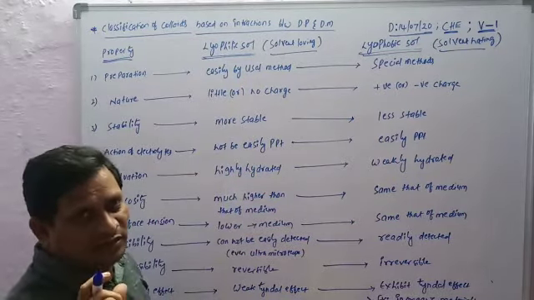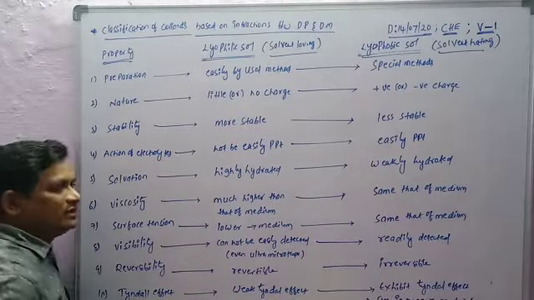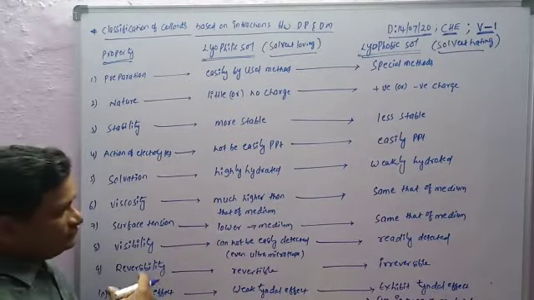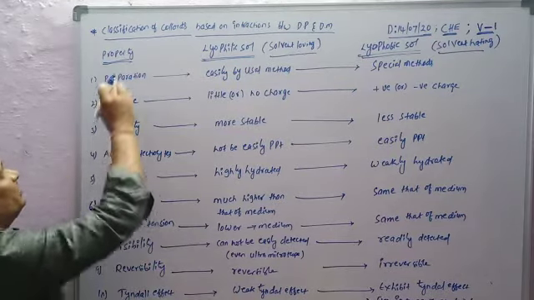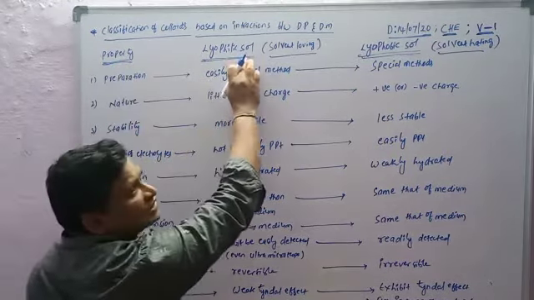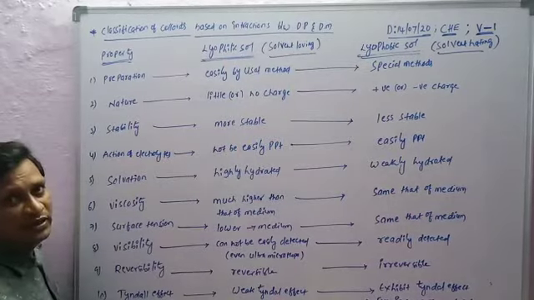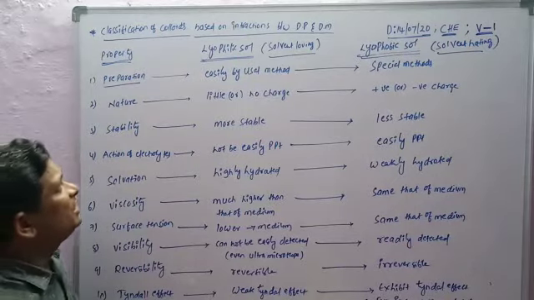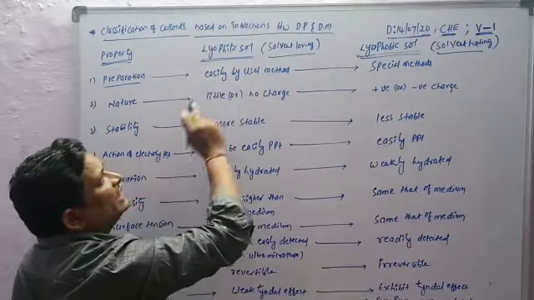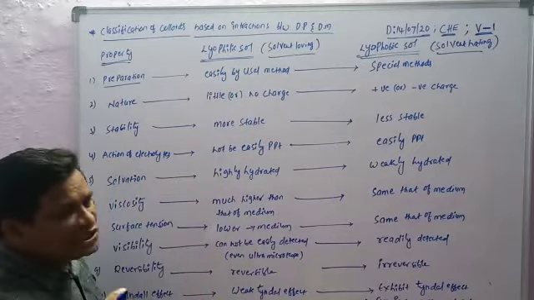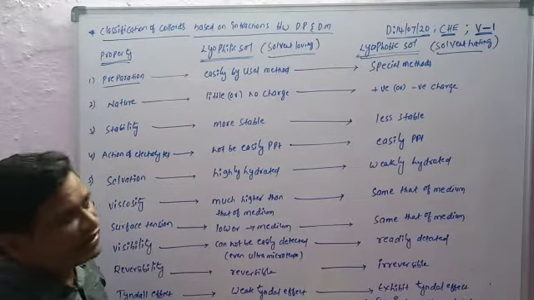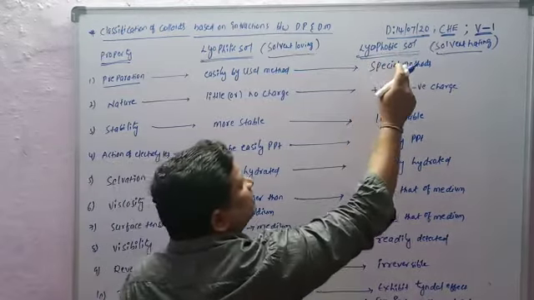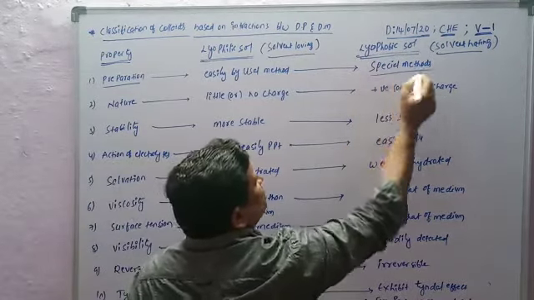Now the differences between lyophilic sols and lyophobic sols, explained with a table. Property: lyophilic sols and lyophobic sols. First is preparation methods. Lyophilic sols are prepared easily by usual methods, but lyophobic sols are prepared by some special methods.